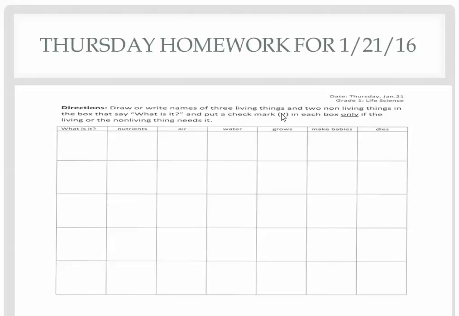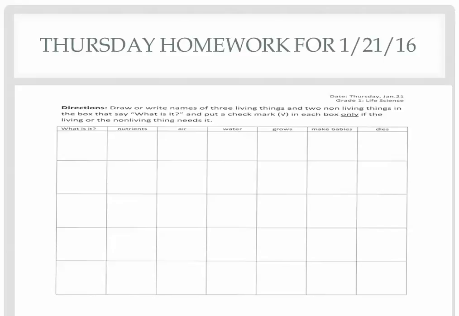Therefore, you will put a check mark like this in this box of nutrients. Does the girl need air to breathe? Yes, the girl needs oxygen from the air to breathe. Therefore, you are going to put a check mark here. And does the girl also need water to live? Yes. So another check mark in this box.